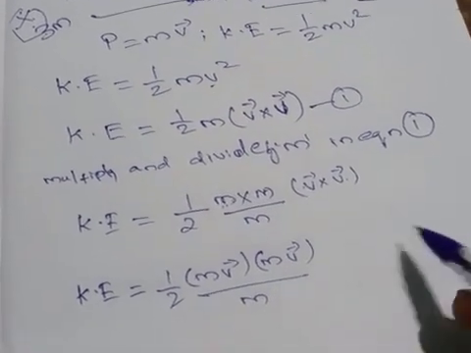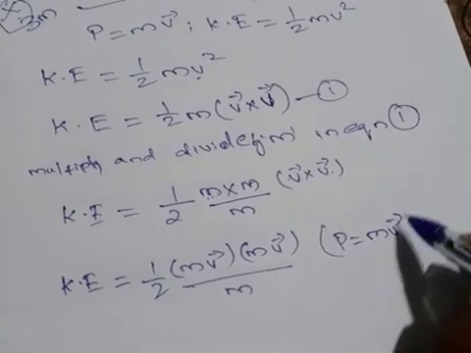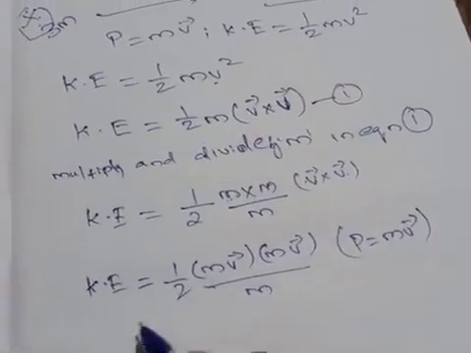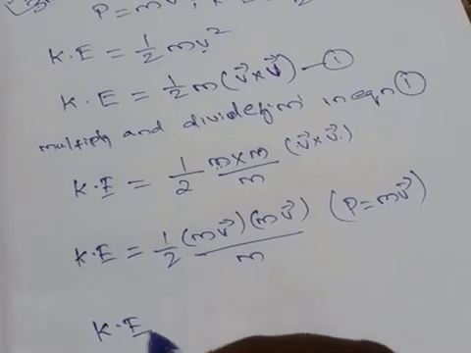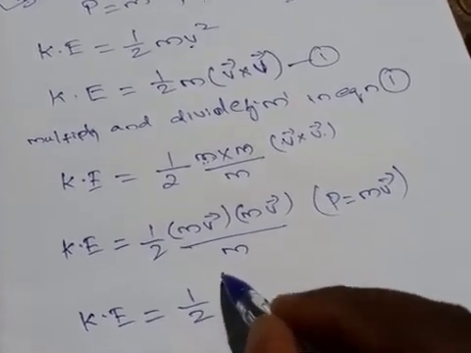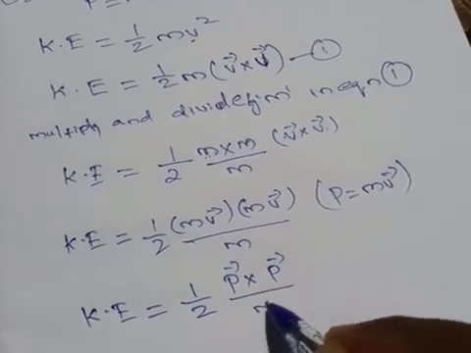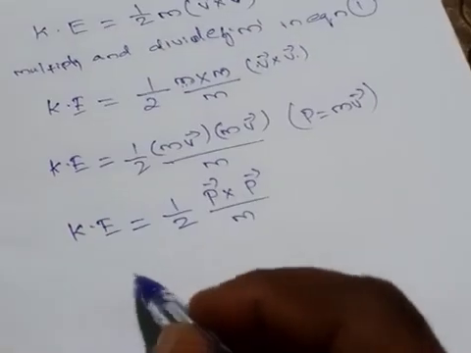What is this mv? mv means p, linear momentum. So p is mv. So I can write the kinetic energy is equal to half, here p into p by m. So what will come?